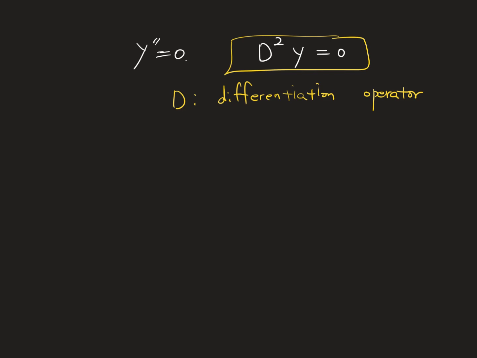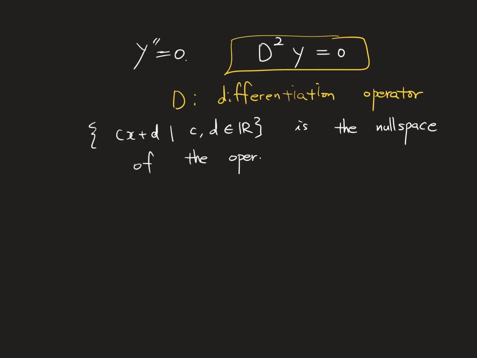And in this case, cx plus d, where c and d are arbitrary numbers, is the null space of the operator D squared.